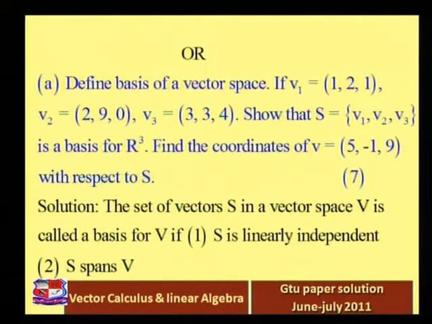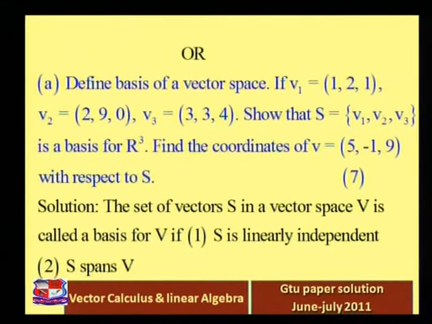Or question number 3a. Define basis of a vector space. If v1 is equal to 1 2 1, v2 is equal to 2 9 0 and v3 is equal to 3 3 4, show that S is equal to v1 v2 v3 is a basis for R3, and then find the coordinates of v, that is equal to 5 minus 1 9 with respect to S. So first we want to define a basis.